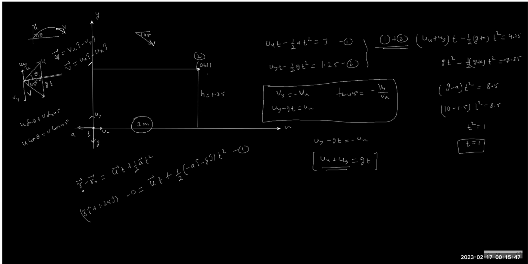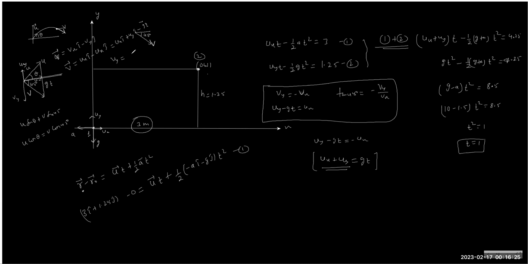Then we write like this: Ux i minus Ux j. Both are the same value. So this is also Ux value. That's the whole idea. The idea is that Vx equals Vy value wise, in the downward direction.